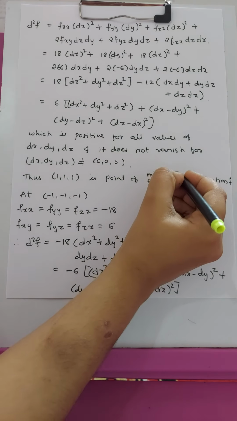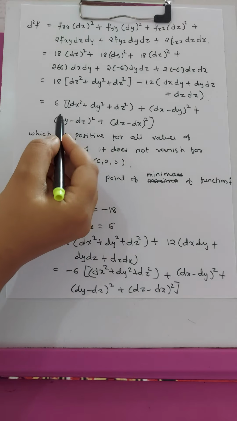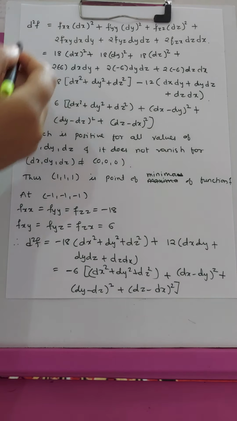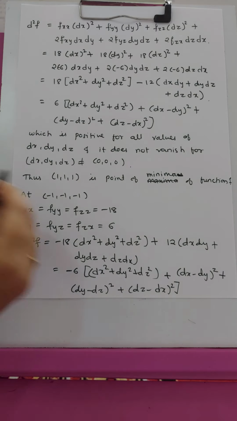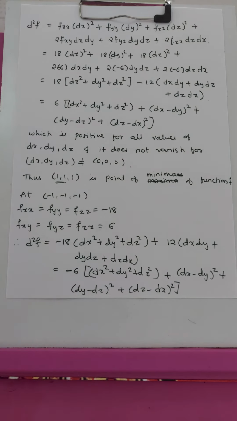This point is a point of minima of the function f, since all the values are positive. So when the value of d2f is greater than 0, the point becomes a point of minima, and here it is negative. So when the value of d2f at that point is negative, then that point becomes a point of maxima.